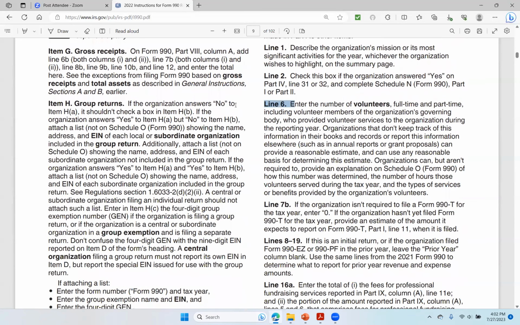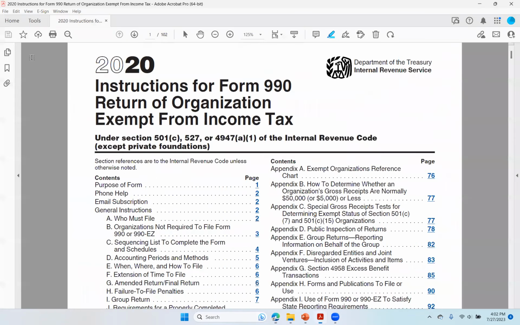Now I have found the instructions for 2020. If you want to know exactly the instructions that they should have used in 2020, well, I found that one. And you can find it too on the irs.gov website by just searching for archived Form 990s.